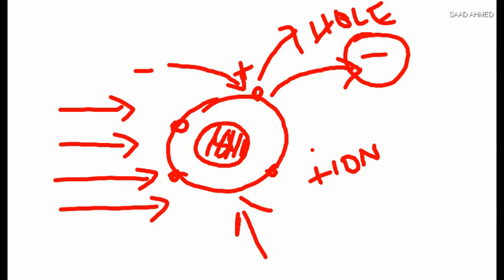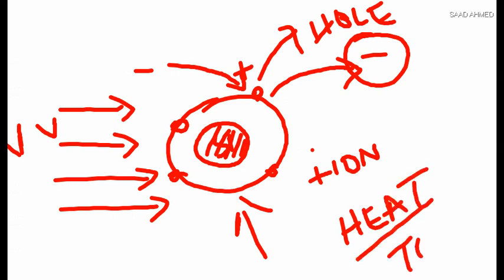This is the process which happens continuously inside these semiconductors. The force can be voltage, or it can also be heat, that is temperature. If you increase temperature, look at this electron.